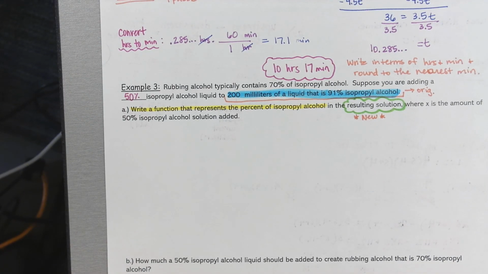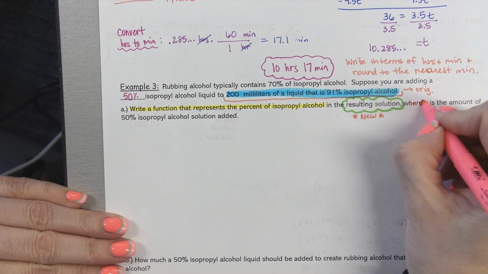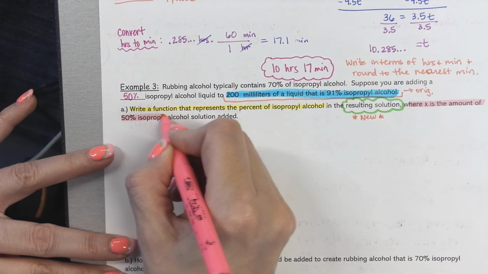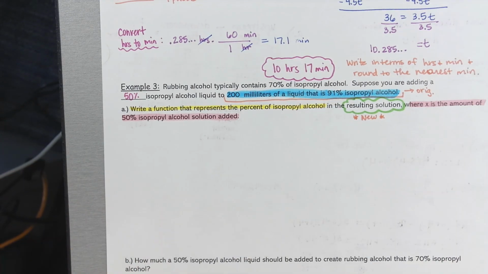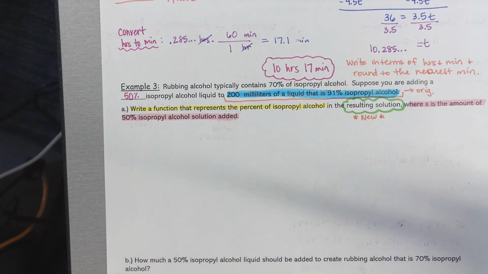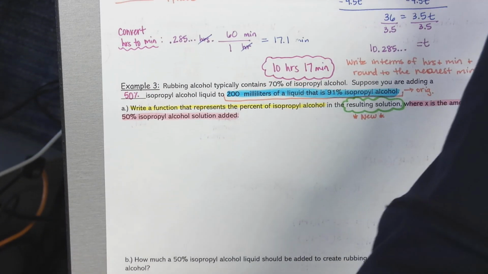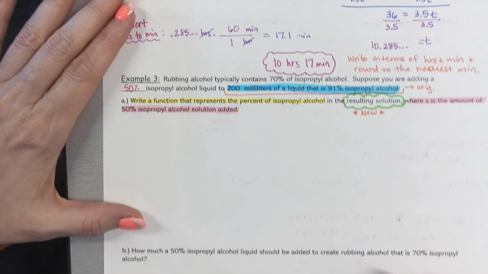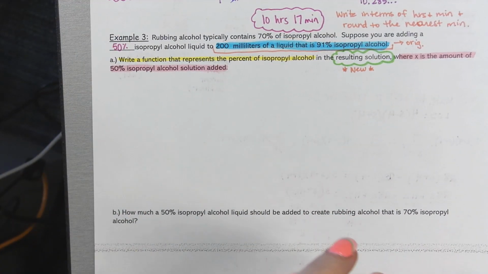Okay, we are going to add an unknown amount, so we're going to call that X. Okay, X is going to be the amount of 50% alcohol solution added. Okay, so we have two different solutions. I like to organize this information in a table.